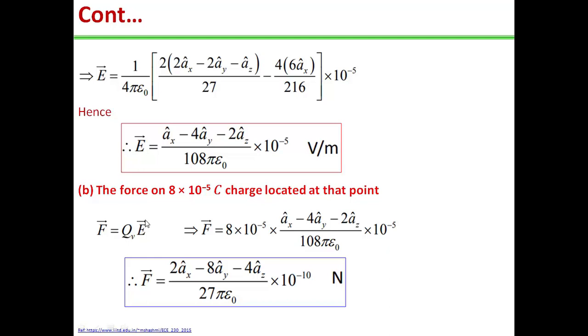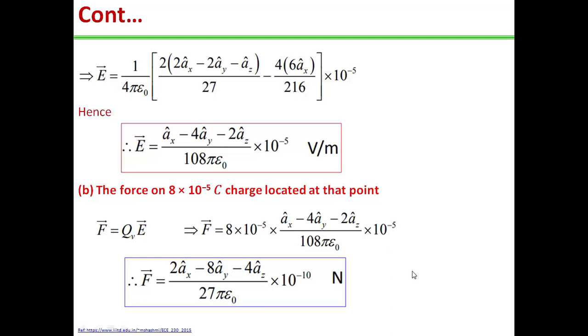At that point the electric field we have already calculated, and for the charge 8 × 10^-5 we have to calculate the force. Now put the values of charge and electric field in this equation, and we will get the force as (2ax - 8ay - 4az) divided by 27πε0 × 10^-10 Newton.